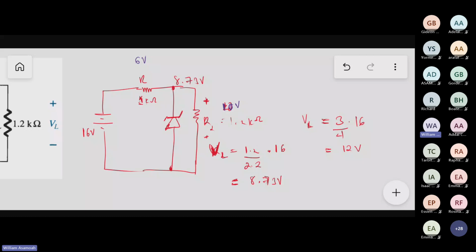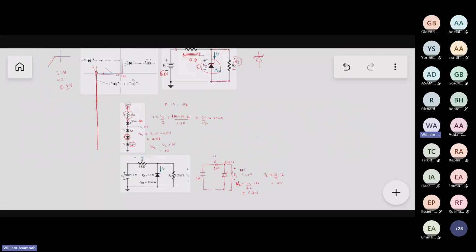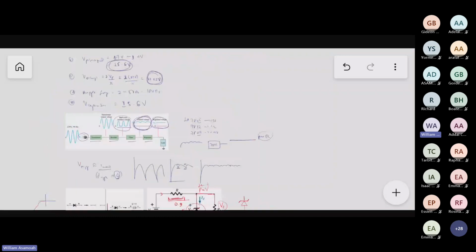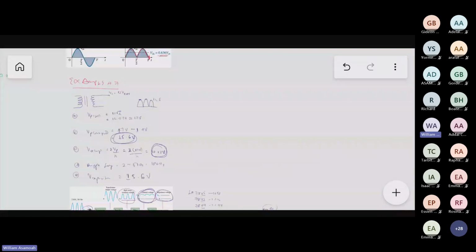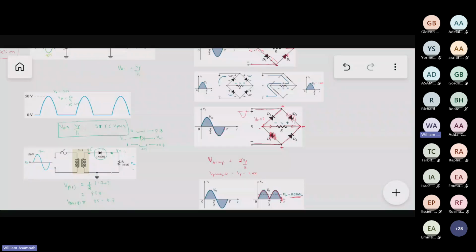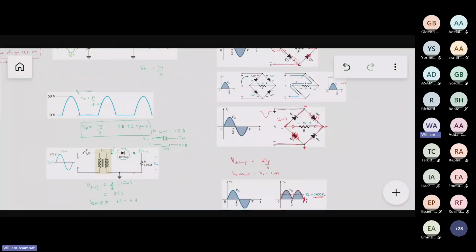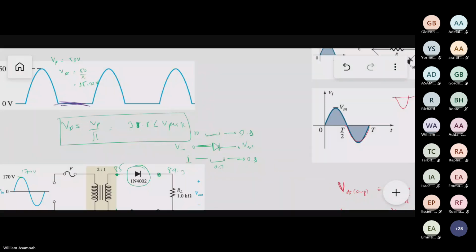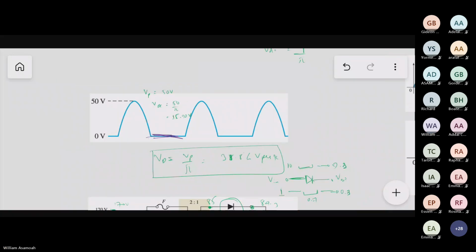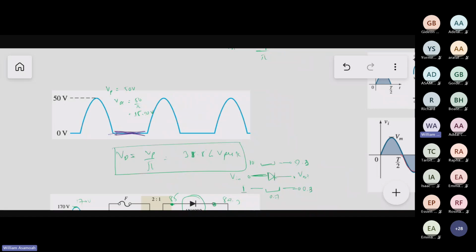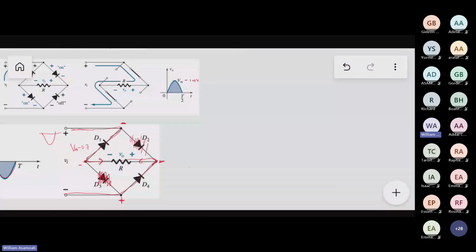Oh, that's a very brilliant question. You have a good observation, but it's not because of that. The reason why we use 2 is because you see in the half wave, it looks like this. There is a gap here. But in the full wave, it is 2.